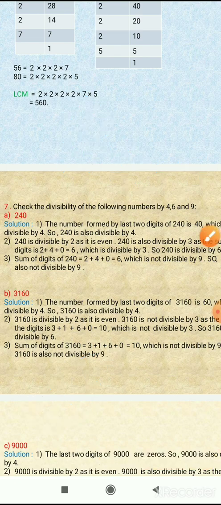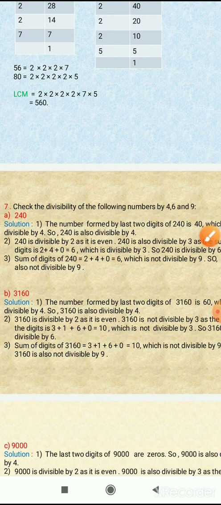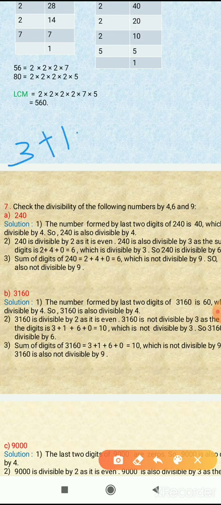Next, we have to check divisibility by 6. So for that we have to check divisibility by 2 and 3. 3160 is an even number, so it is divisible by 2. Now we will check divisibility by 3. So the sum of digits 3 plus 1 plus 6 plus 0, we get 10, and 10 is not divisible by 3.